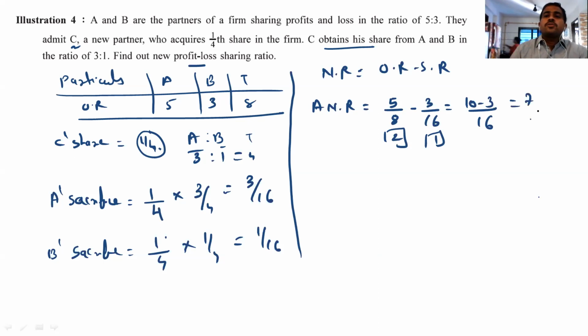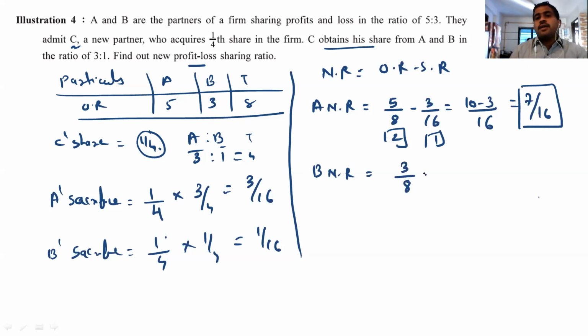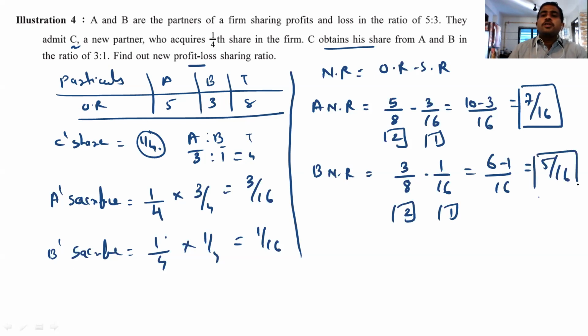It comes to 7 by 16. Right. Then comes the new name B's new ratio. So B's new ratio, we are taking 3/8, that is the old. And how much is he ready to give? 1/16. LCM 16. 3 2s are 6 minus 1, that is 5/16.